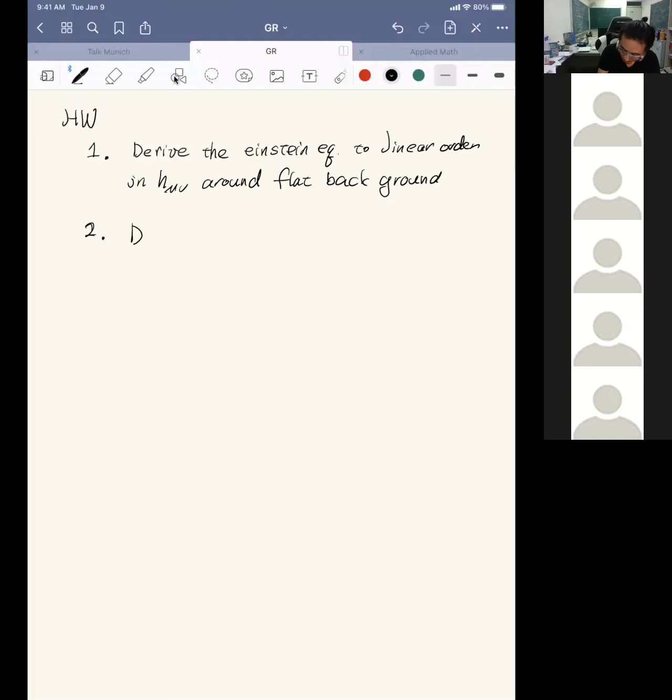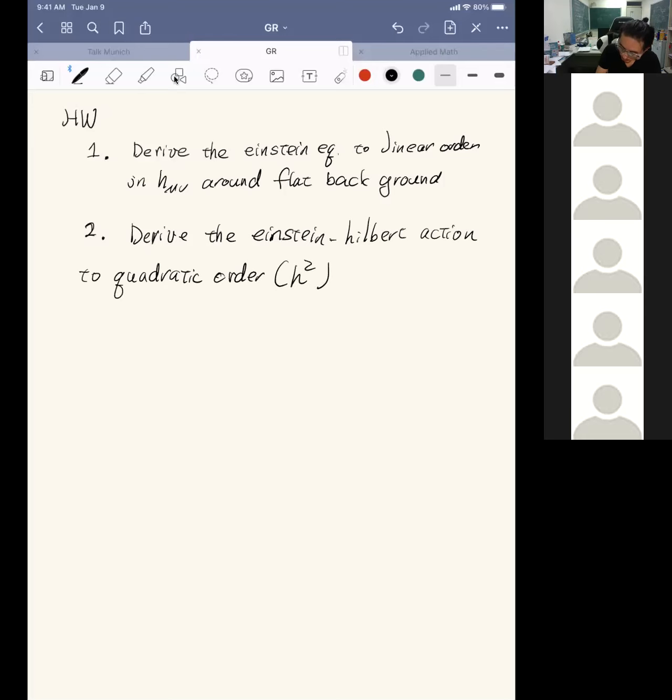Second, derive the Einstein-Hilbert action to quadratic order, so that means to h squared.